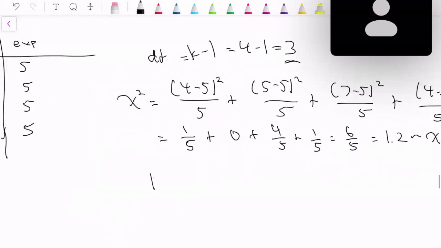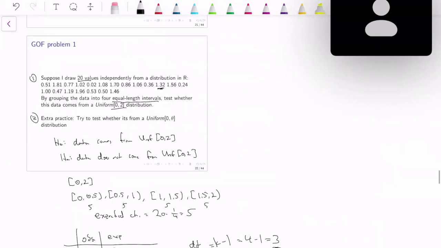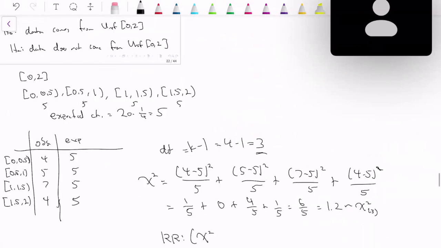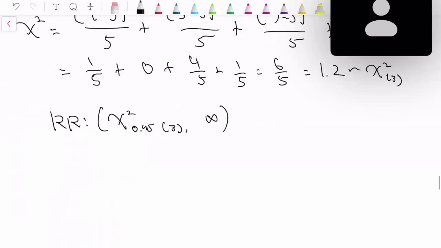The rejection region: I didn't give alpha, so alpha equals 0.05. I'm very sorry for all the typos. So 0.95 with 3 degrees of freedom, the table value is 7.814 to infinity.